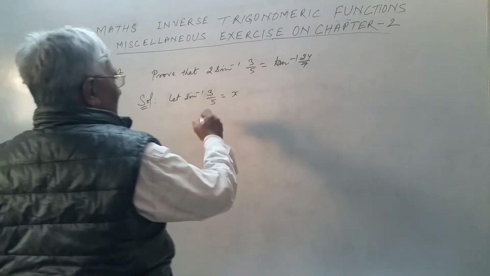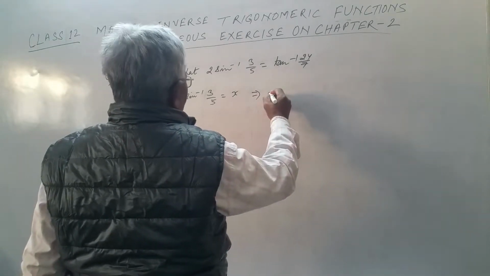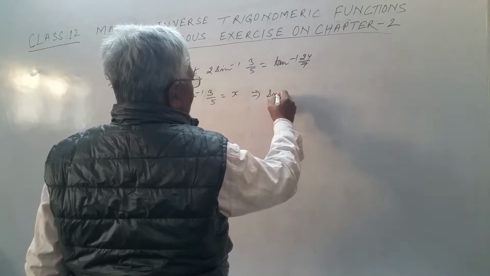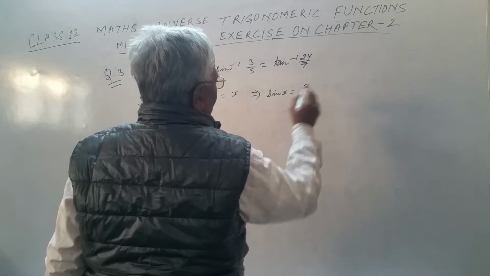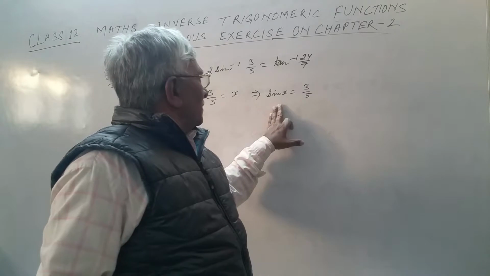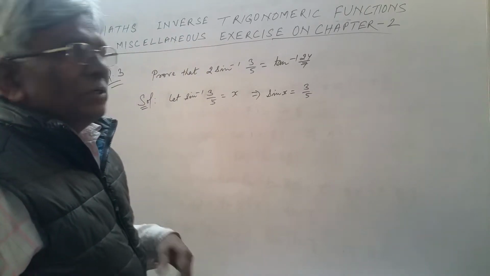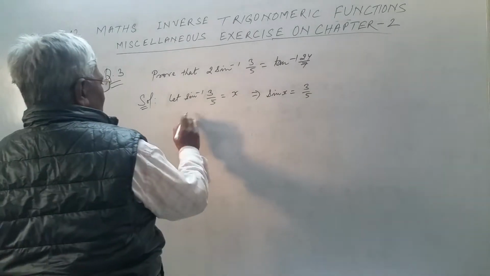Then what will be there? Next step: sine x is equal to 3 upon 5. We have got the value of sine, then you will get the value of cos x also in this process. How do you get it?